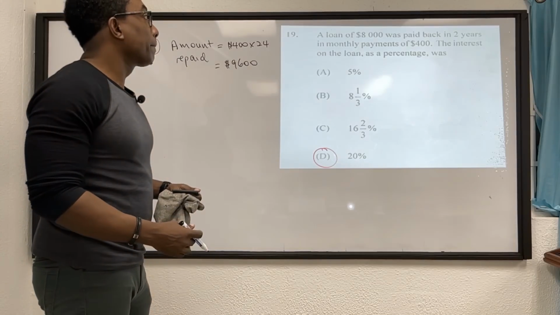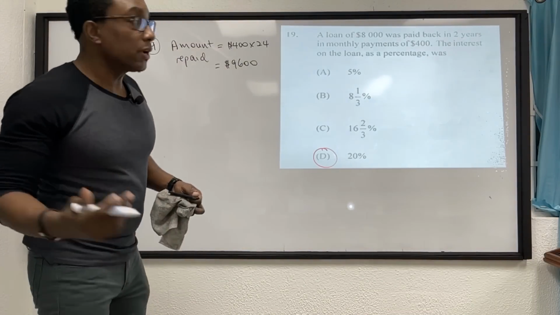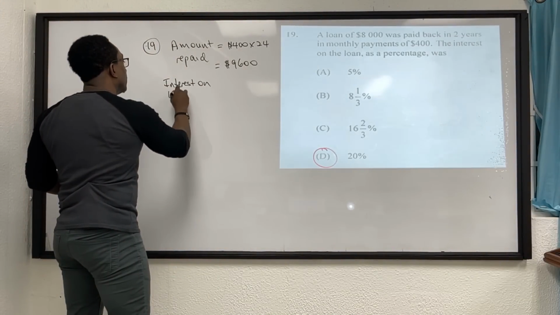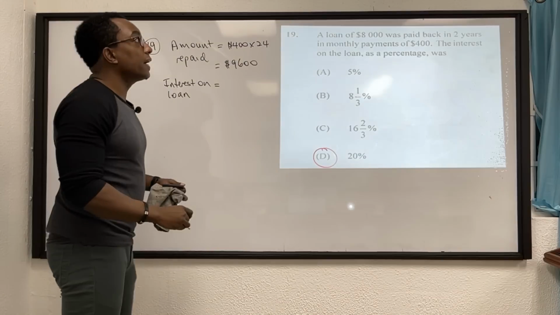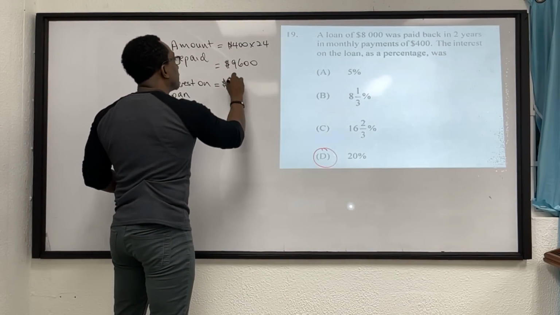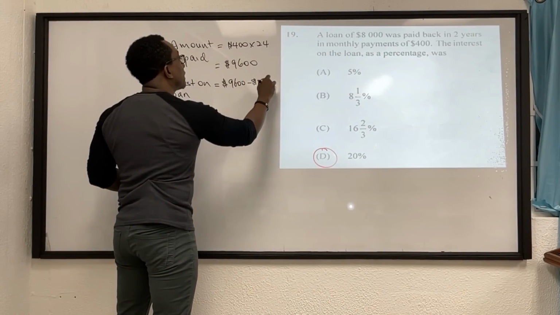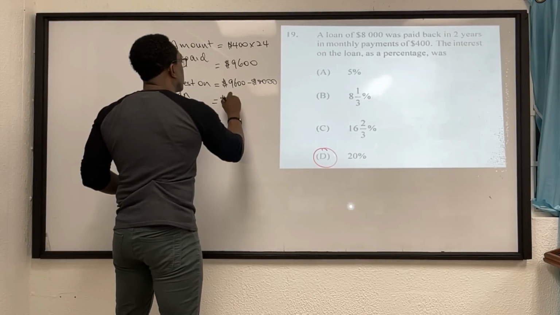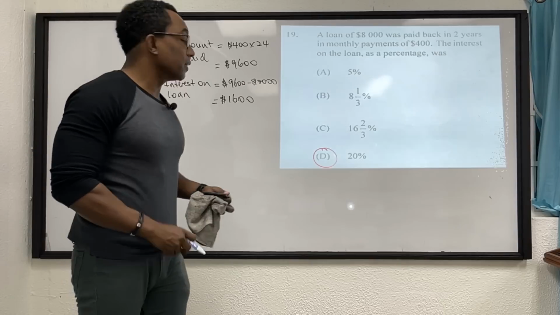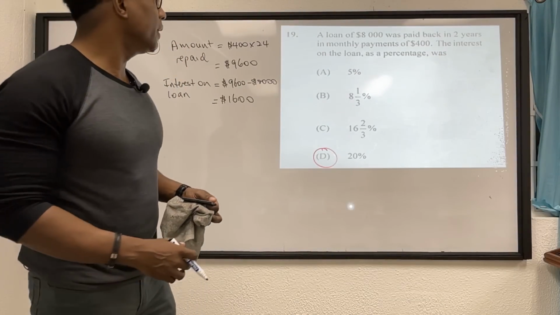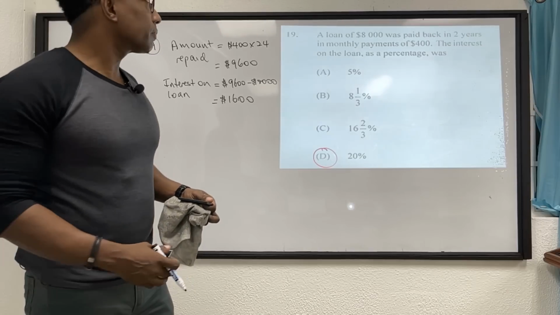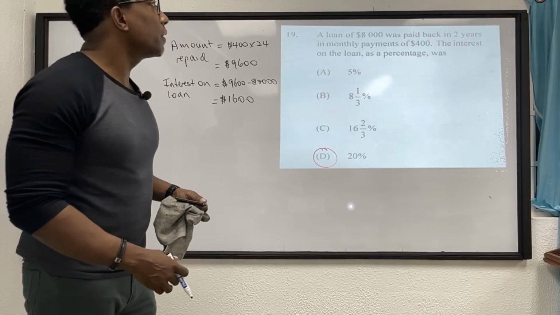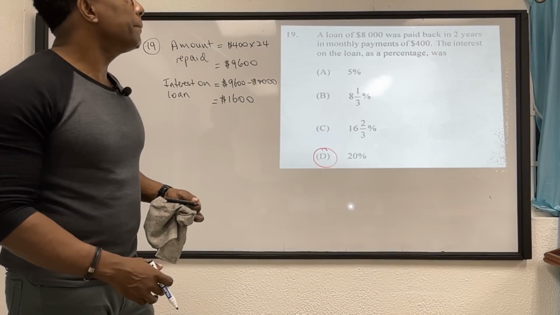So therefore, the interest on the loan will be to subtract $8,000 from $9,600, and 8,000 from 9,600 will give us $1,600. So that will be the interest on the loan. They want us to determine the interest on the loan as a percentage.